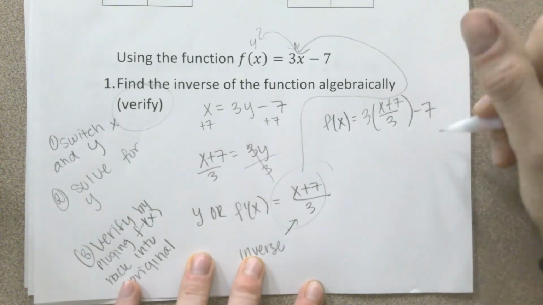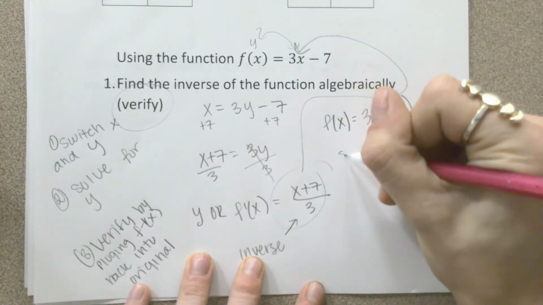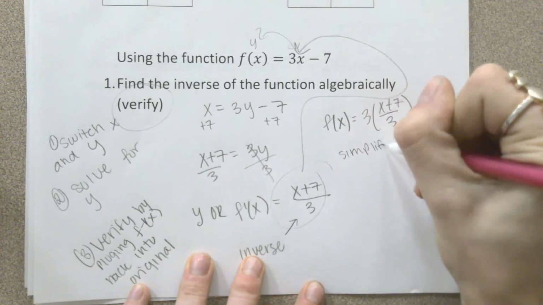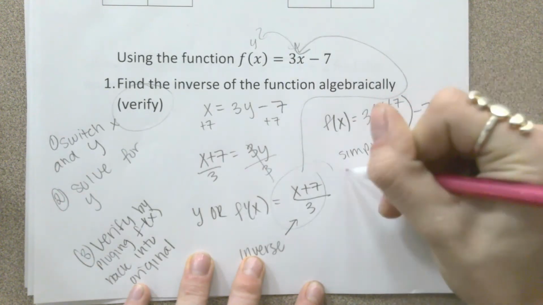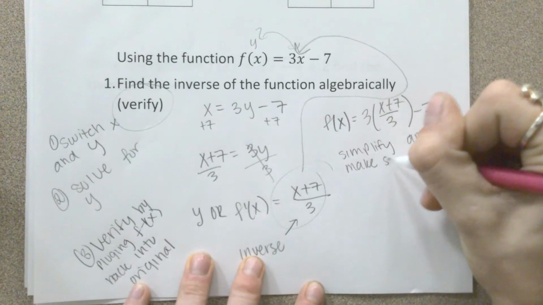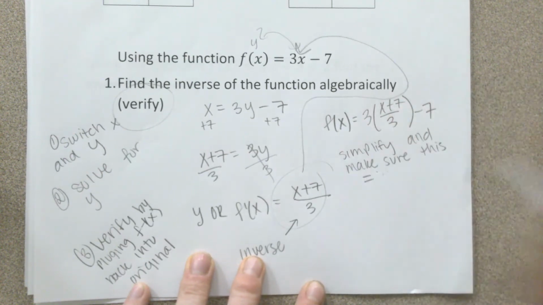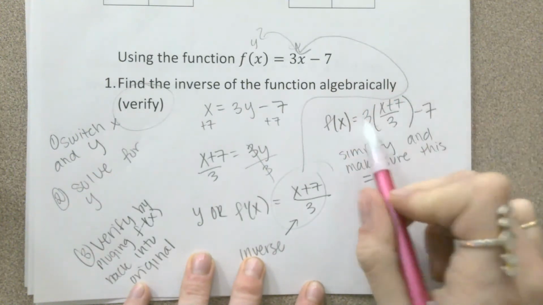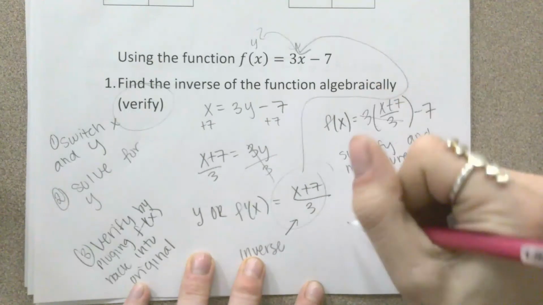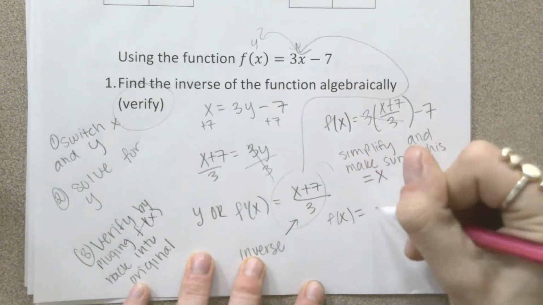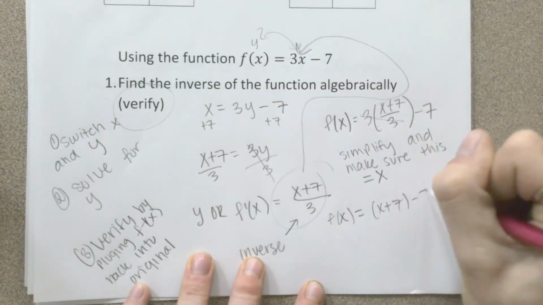Then we're going to simplify and make sure this equals x. So simplifying this, our 3's would cancel and we'd be left with f of x equals x plus 7 minus 7.